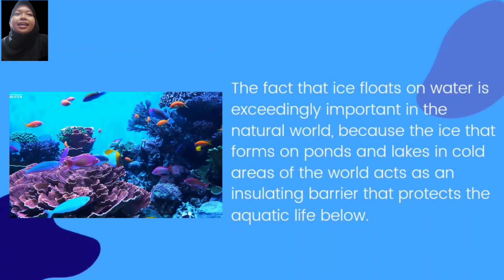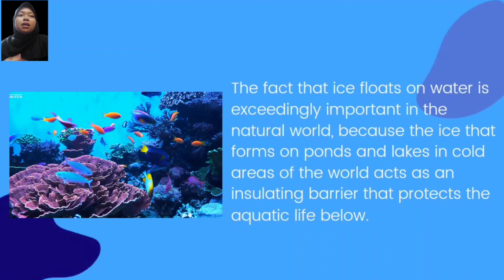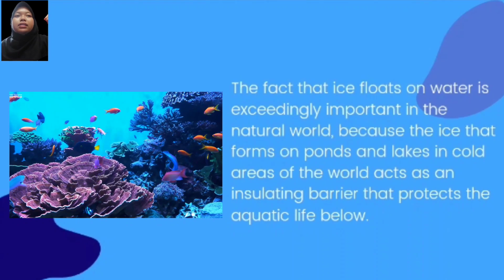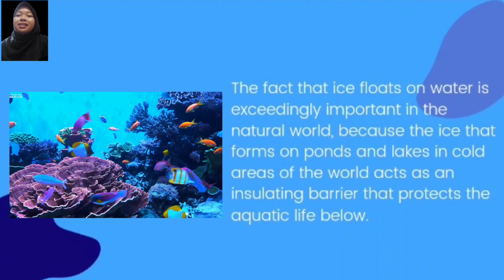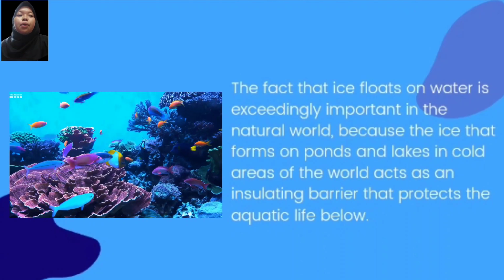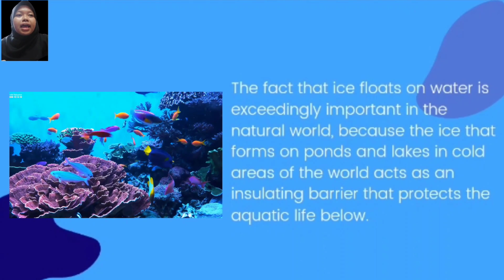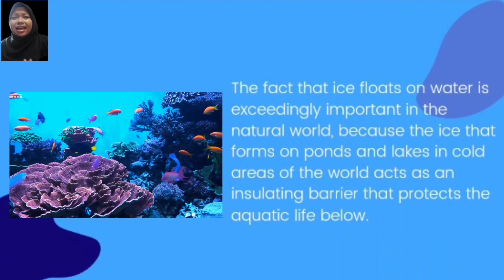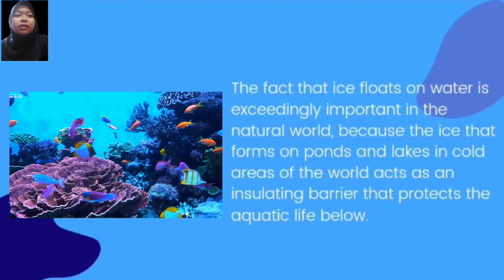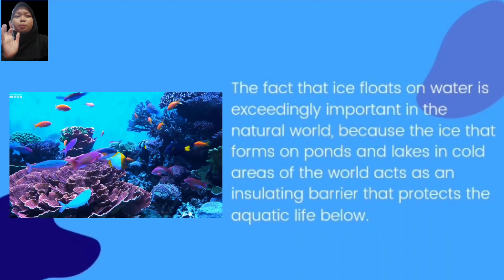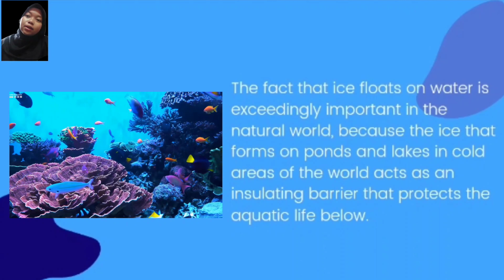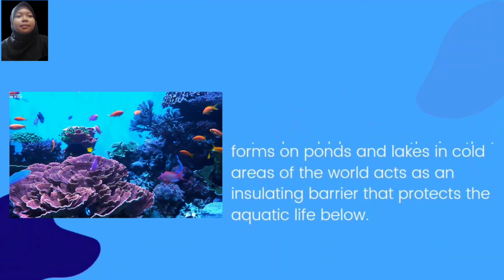The fact that ice floats on water is exceedingly important in the natural world because the ice that forms on ponds and lakes in cool areas of the world acts as an insulating barrier that protects the aquatic life below, like the video at the side.